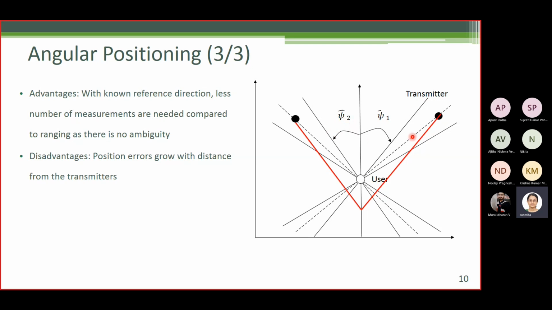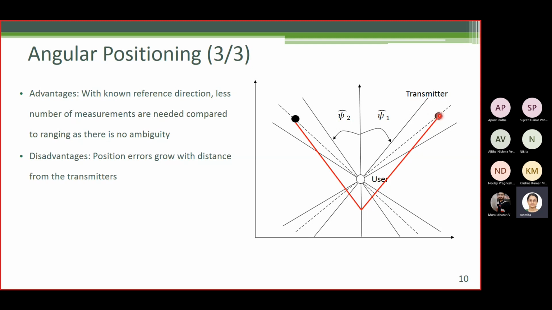Now transmitter coordinates are known. So we know the true transmitter coordinates. And then we make these two measurements, psi 1 hat and psi 2 hat. Now, how do we find the user position using these two bearing measurements? We know the transmitter coordinates. So, to find the user position, what do we exactly do?